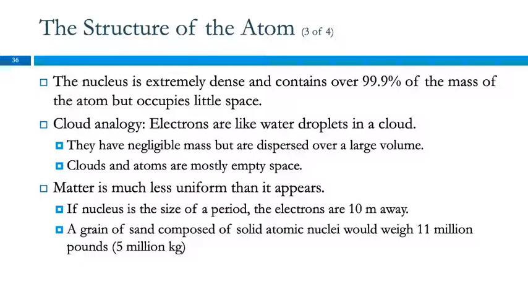So we can think of this as a little bit like clouds or fog that we're very familiar with. So electrons are like the little tiny water droplets in fog. They have negligible mass, but they're dispersed over a large volume, and because there's so many of them over this large volume, they prevent you from seeing, right?